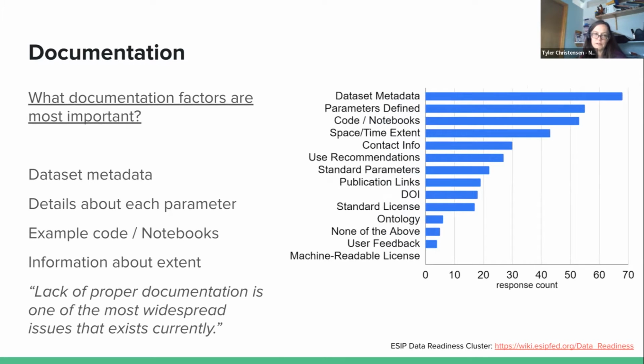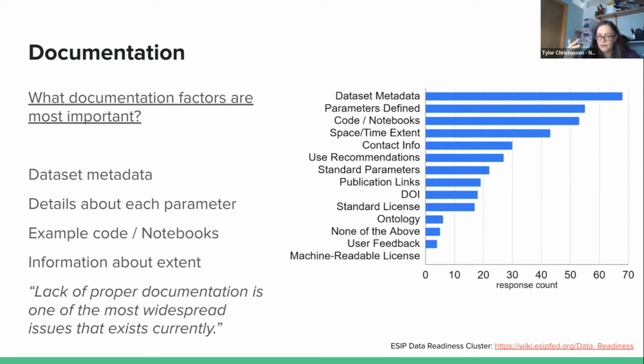So for data set documentation, what documentation features are important to make a data set easier to use? Data set metadata, that just means standardized information about the data set. Details about each parameter. This is if you think about a tabular data set, for each column in the data set, you want to know what's being measured, what the units are.